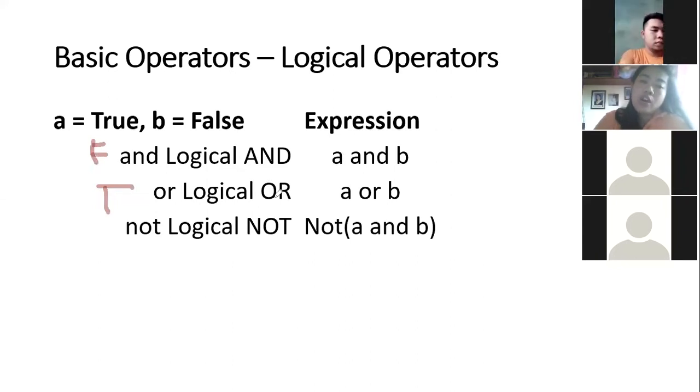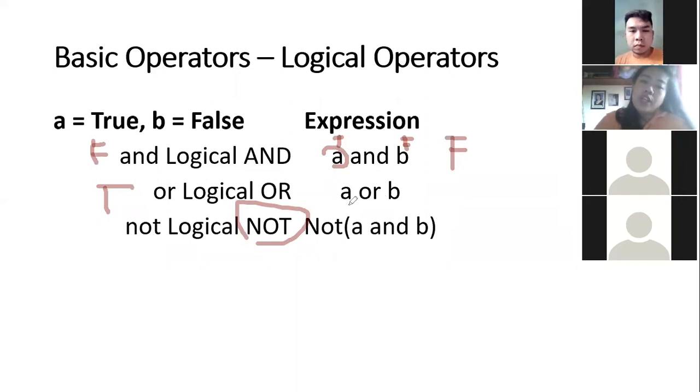For logical OR, if one of the operands is true, the answer is true. And then NOT, i-reverse mo lang siya or inverse, kabaliktaran. Okay? So given A is true, B is false, the value of A is true, the value of B is false. So true and false, the answer is false.